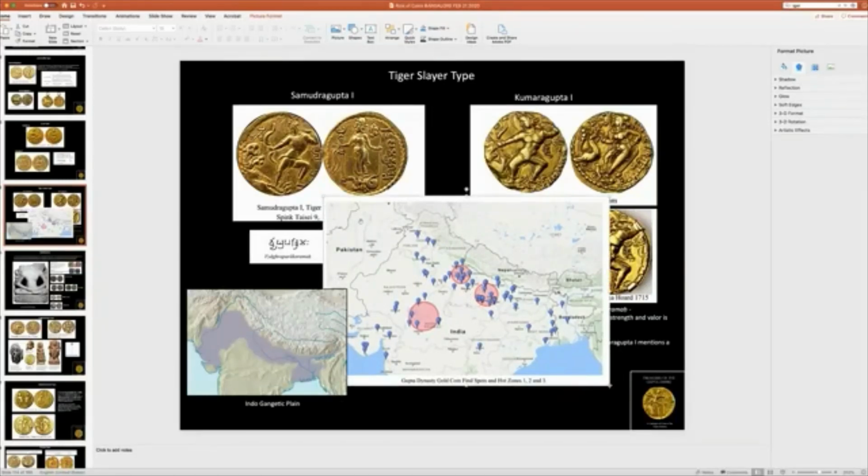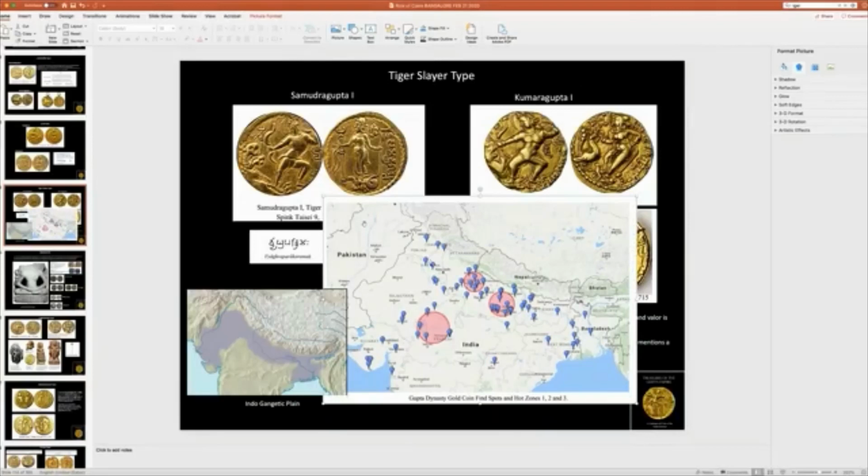Let me just show you the red hotspots here, the different hotspots. So all of these blue markers are where gold coins have been found, right? Different craftsmen have different styles that they would use. So coins that generally were made in this region were very similar in style, right?